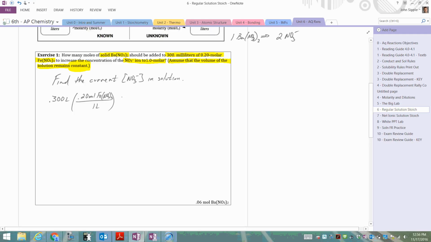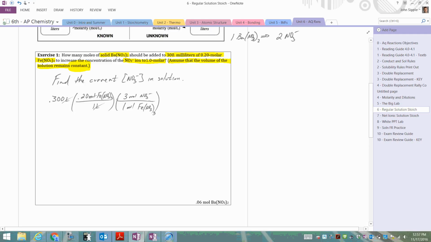So what we need to know is how many moles of nitrate are in solution. What do I put in my next conversion here? Every 1 mole of iron nitrate, very good, there are 3 moles of nitrate.